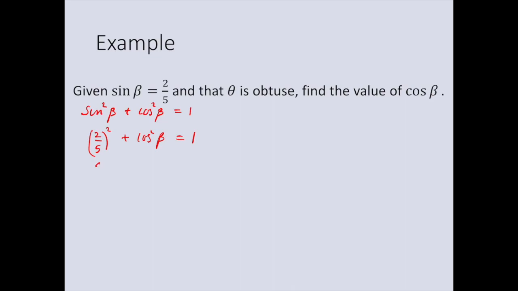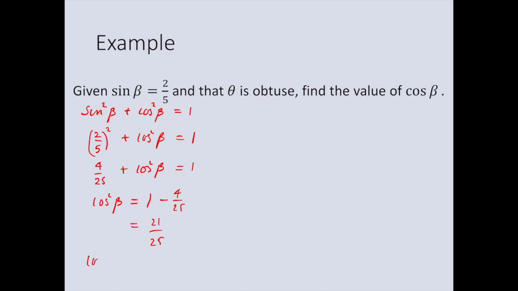So now we've got 4 over 25 plus cos squared beta equals 1. Cos squared beta must be 1 minus 4 over 25, which is 21 over 25.